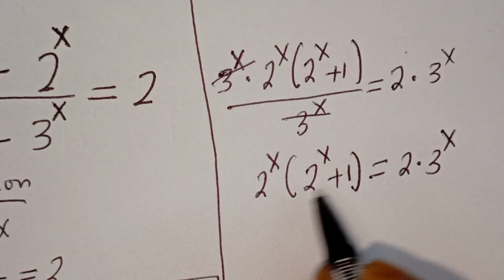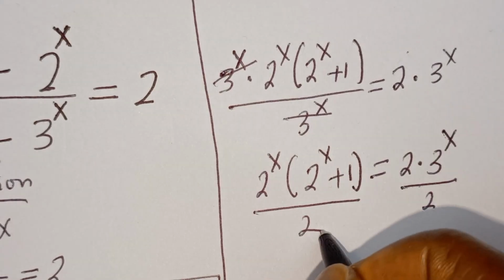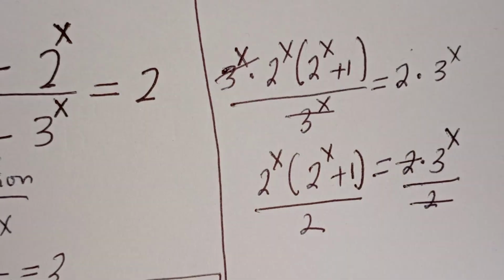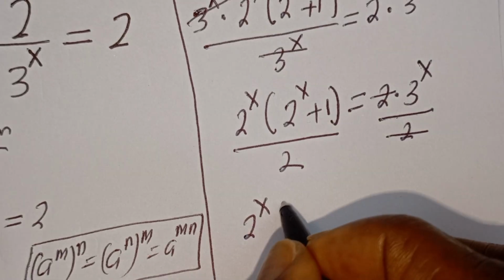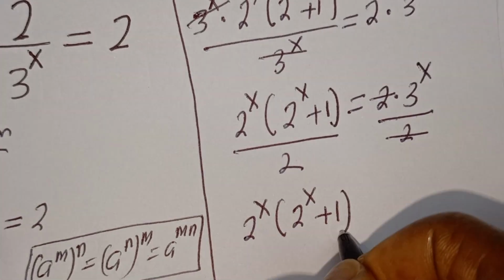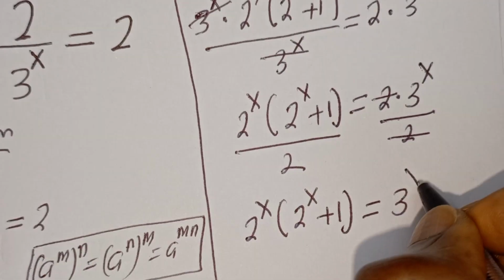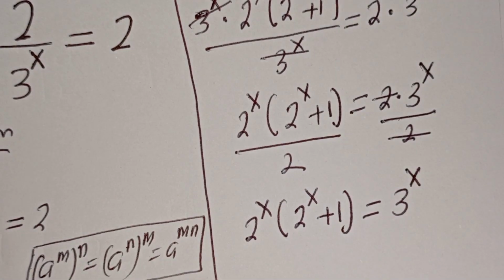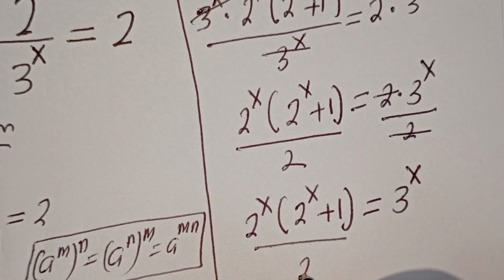Now let's divide both sides of this equation by 2. This divided by 2, this divided by 2. This we cancel this. We have 2^x bracket 2^x plus 1 is equal to 3^x, then divided by 2.